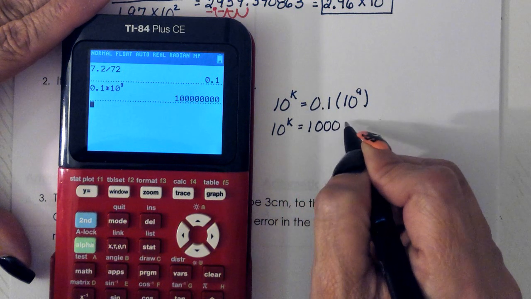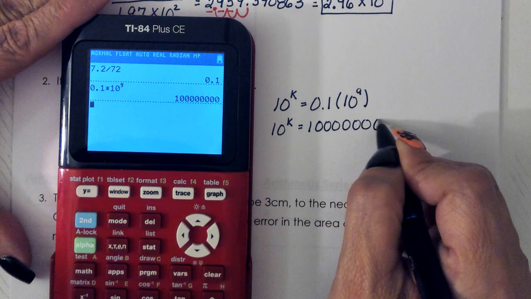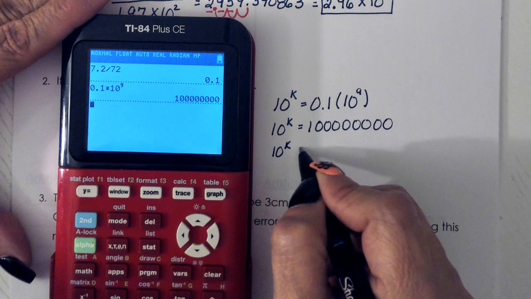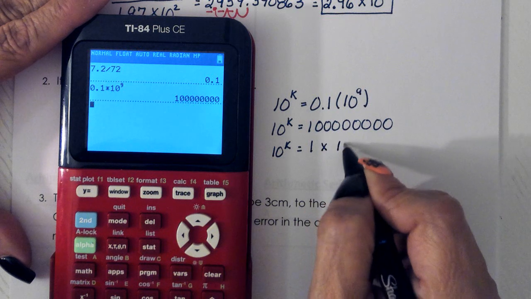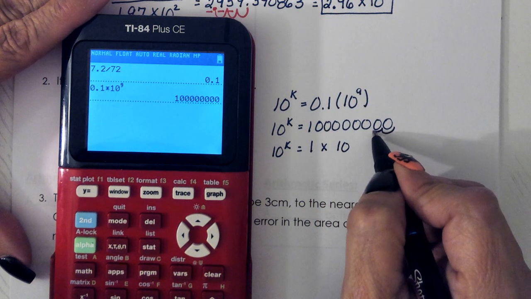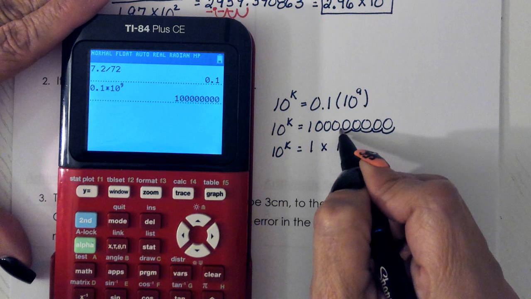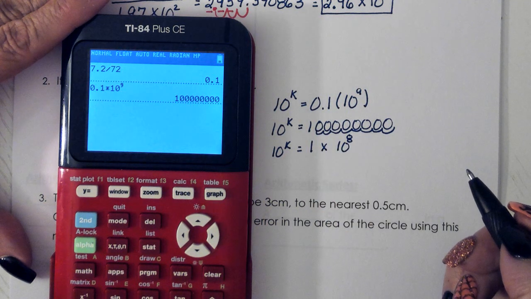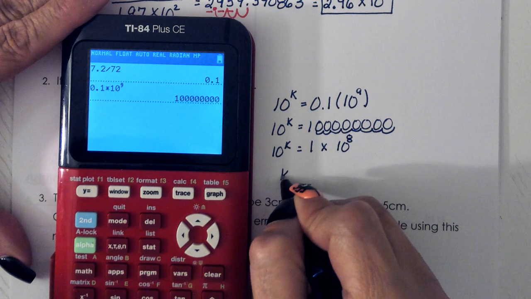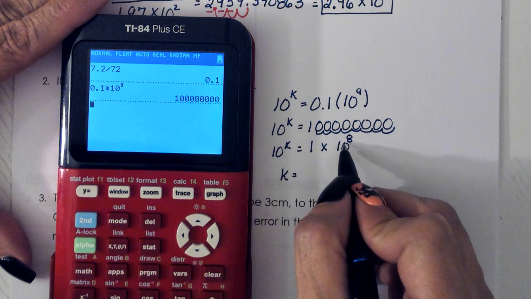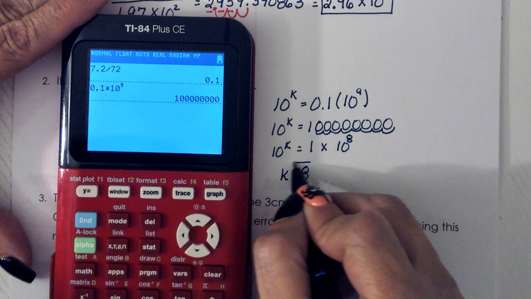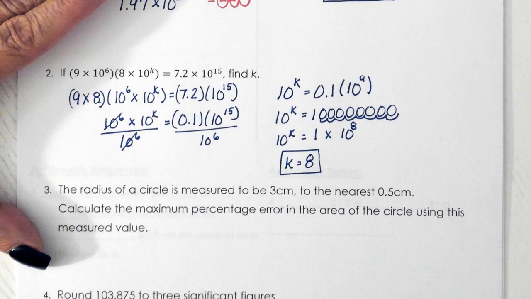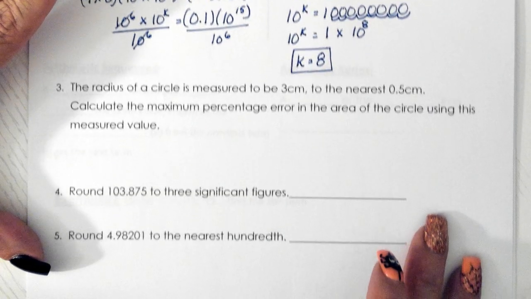Could I say 10 to the K equals 1 times 10 to what power? 1, 2, 3, 4, 5, 6, 7, 8. What does that tell you about K? K equals 8. Are there other ways to get there? Absolutely. I was trying to take the simplest one that's the least confusing. I feel like that worked.